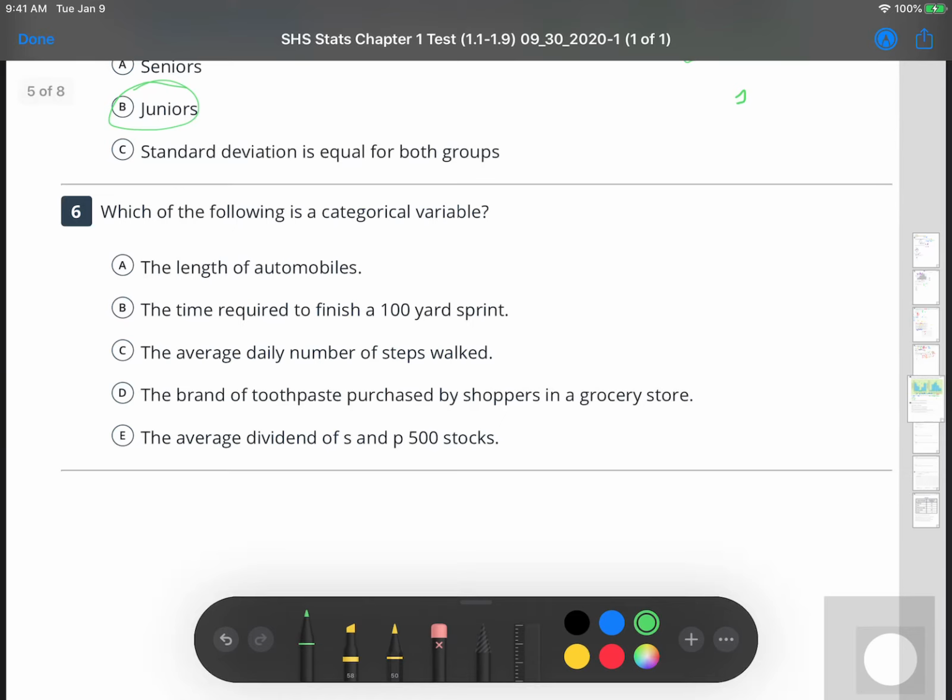Number 6. Which one is categorical? Remember, categorical is words or numbers where you can't take the average, or you can take the average, but it makes no sense, like house numbers or classroom numbers, okay?